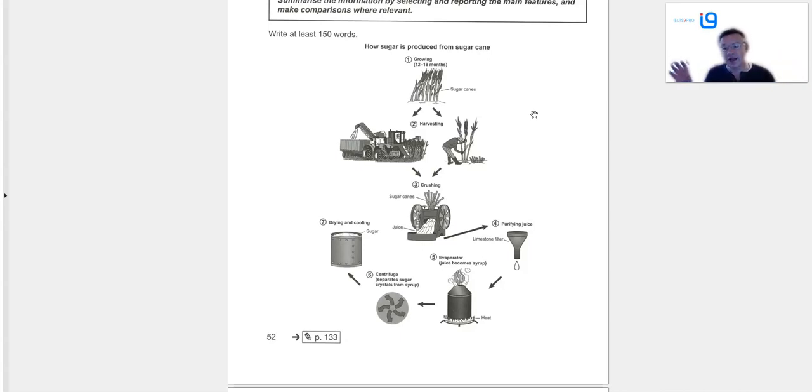Sometimes being concise, so you could say, initially sugarcane is transported to the grinder and processed. For example, you could say, in the first stage of the process, the sugarcane is manually transported by hand to a machine where the sugarcane is inserted to be ground into small granules or something, right? So if you compare those two, the first one is good but too concise. The second one, you might have to pad it out in order to get to that word limit.